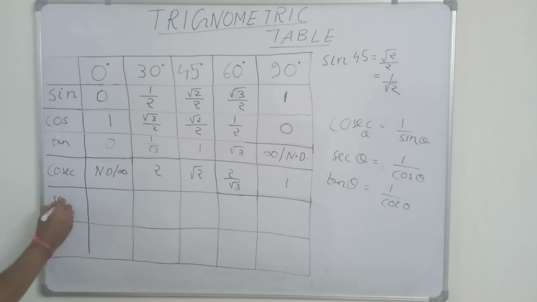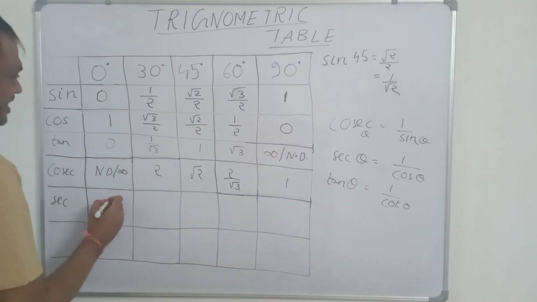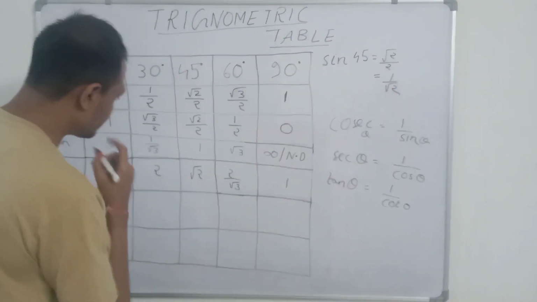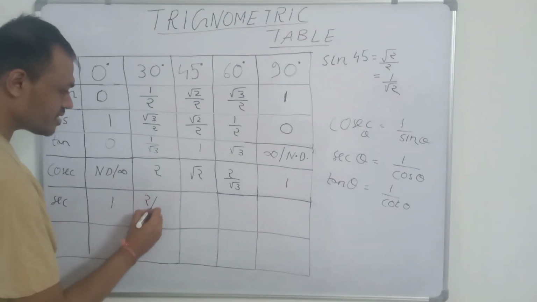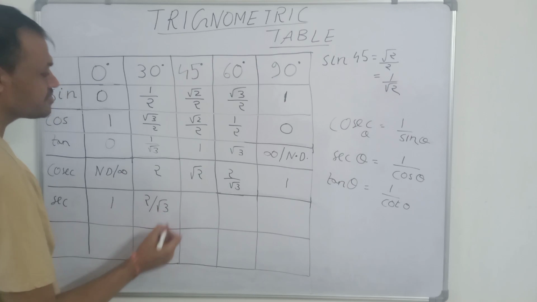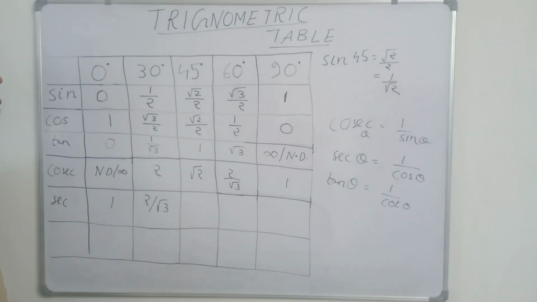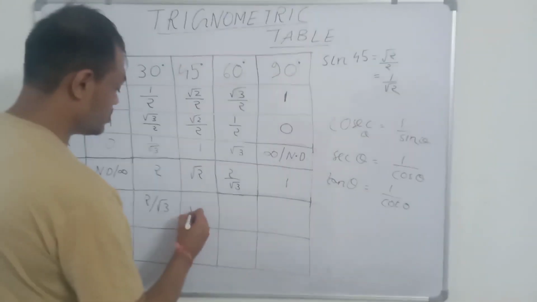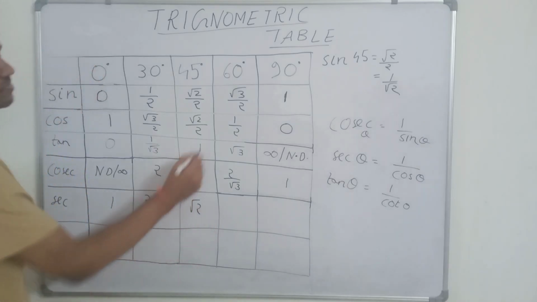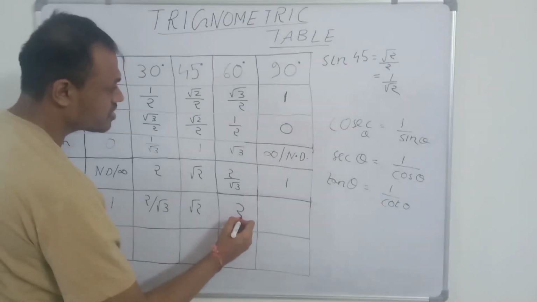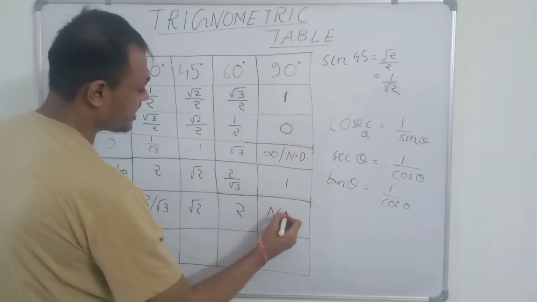Now sec theta is equal to 1 upon cos. So 1 upon 1 is 1. 1 upon root 3 by 2 is 2 by root 3. And 1 upon root 2 is root 2. 1 upon 1 by 2 is 2. And 1 upon 0 is not defined.